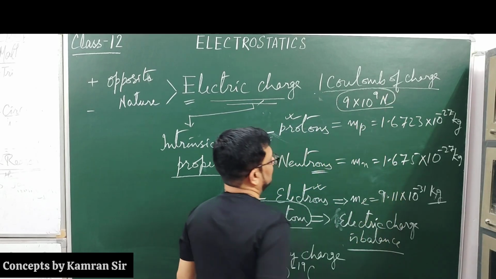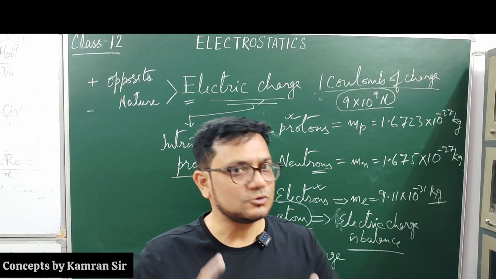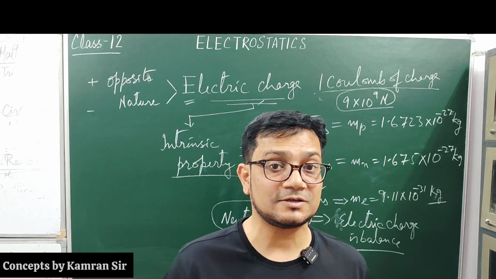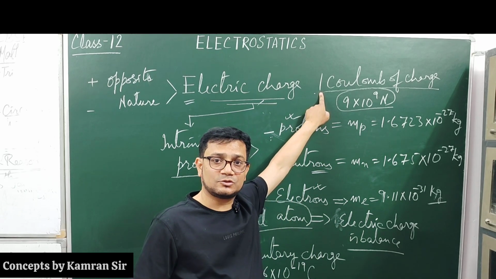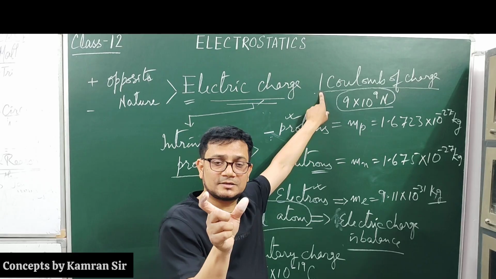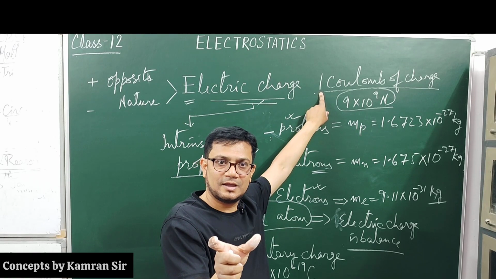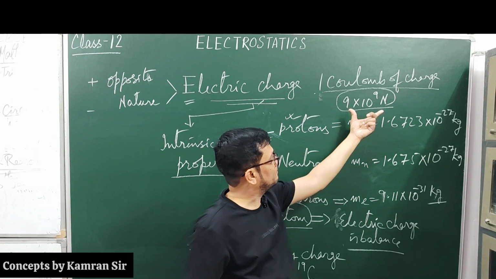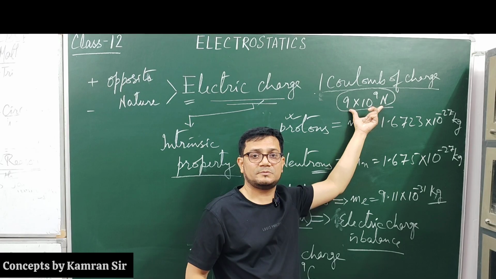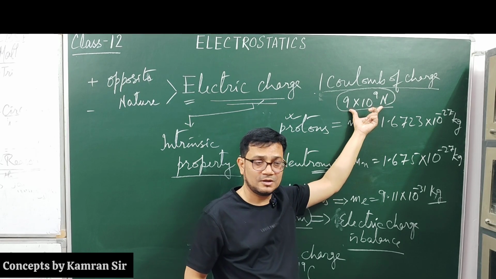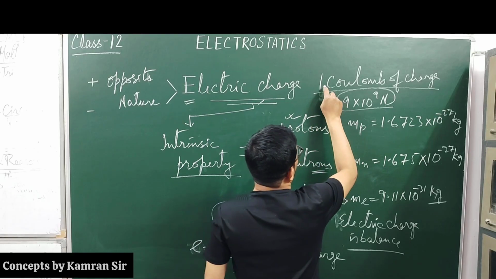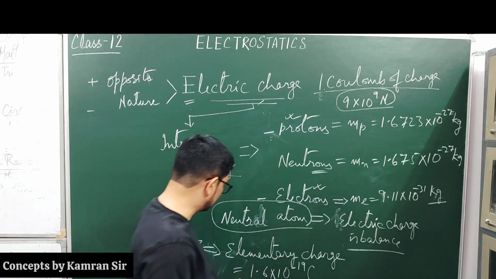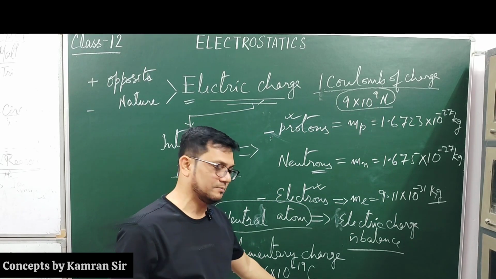If two similar charges are placed at a distance of 1 meter, and if they experience a repulsive force of 9 times 10 raised to the power 9 Newton, then we say that those two charges have 1 coulomb of charge each. That is what we are referring to here, coulomb.